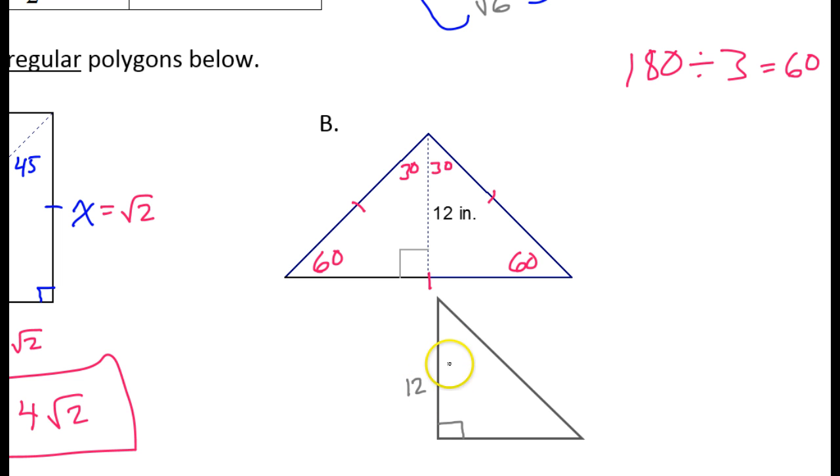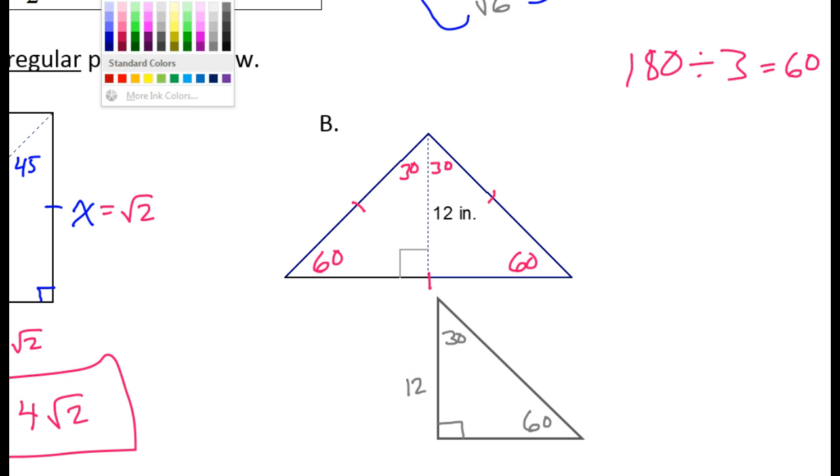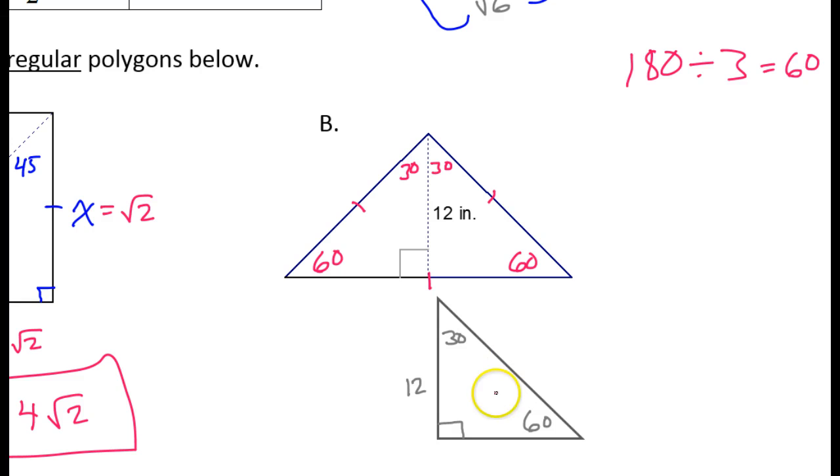Now remember, even though this kind of looks like a 45, 45, 90 triangle, it's not. This is 30 and this is 60, so bear that in mind. That means that this is the short leg down here and this is the long leg. So let us use our pattern that we have learned.